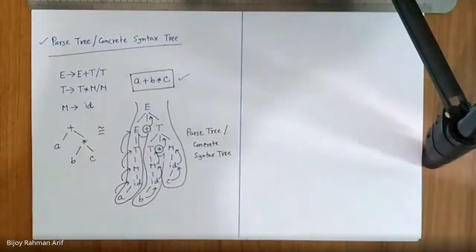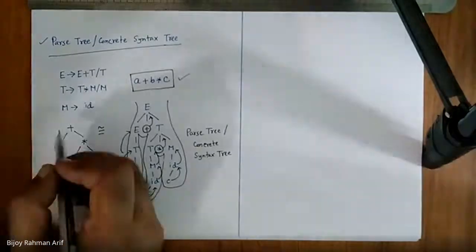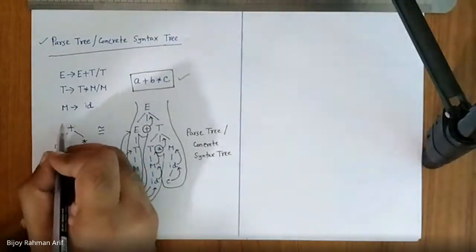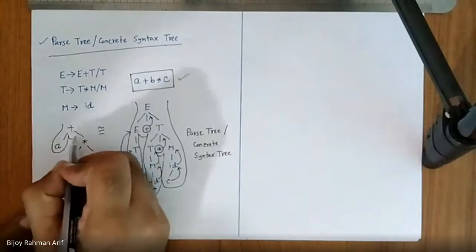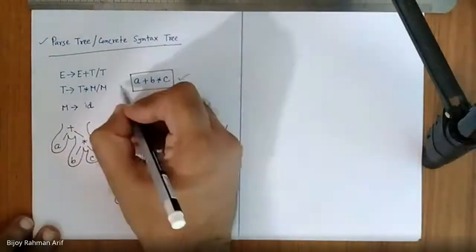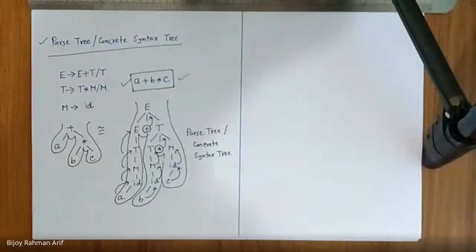They are actually representing the same information. Do you agree with me or not? If you travel this tree from top to down, left to right, what do you get? A plus B star C. You get the same thing, but much faster. It is more compact.